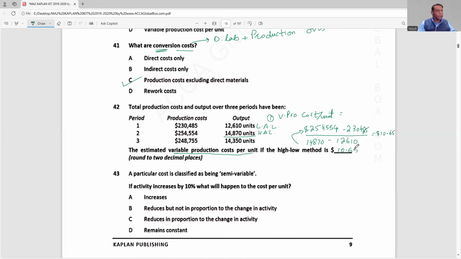So the 10.65 is the variable production cost per unit. Only step number 1 is needed.